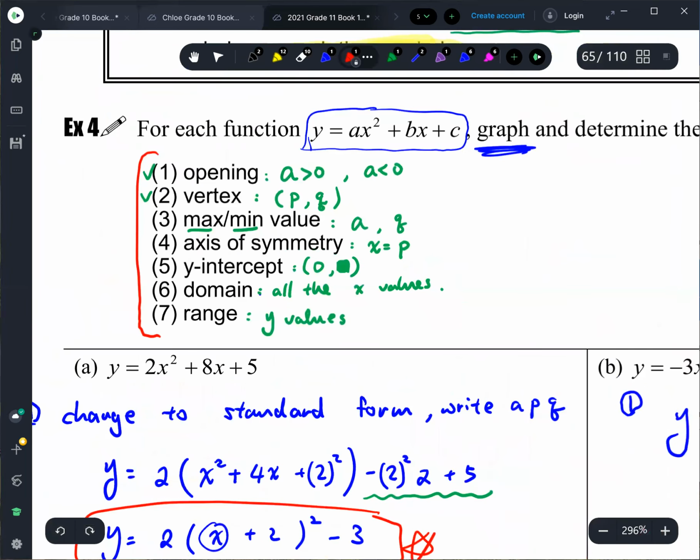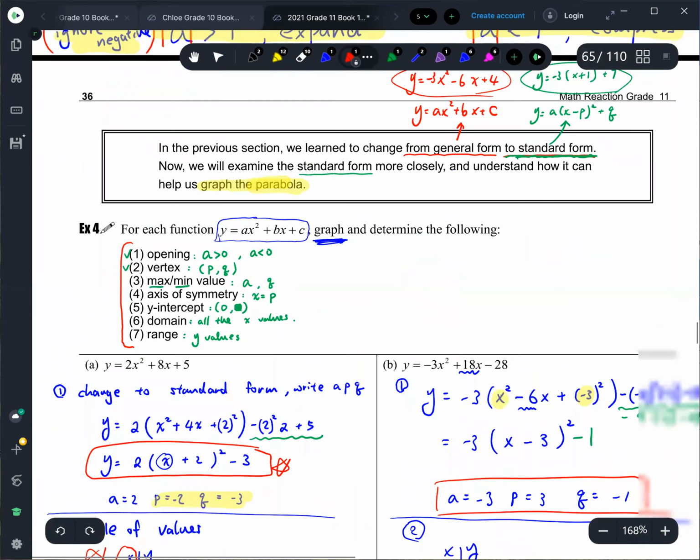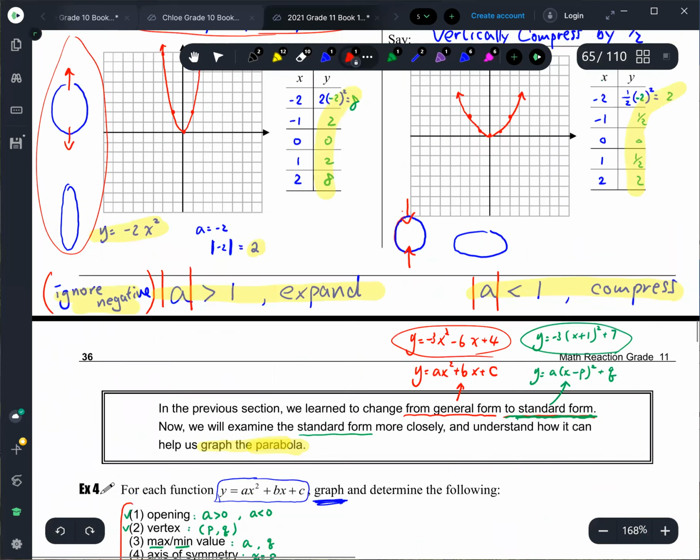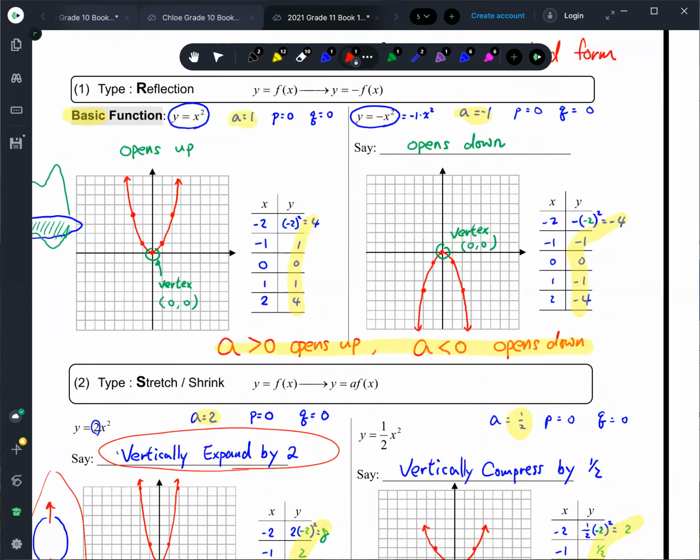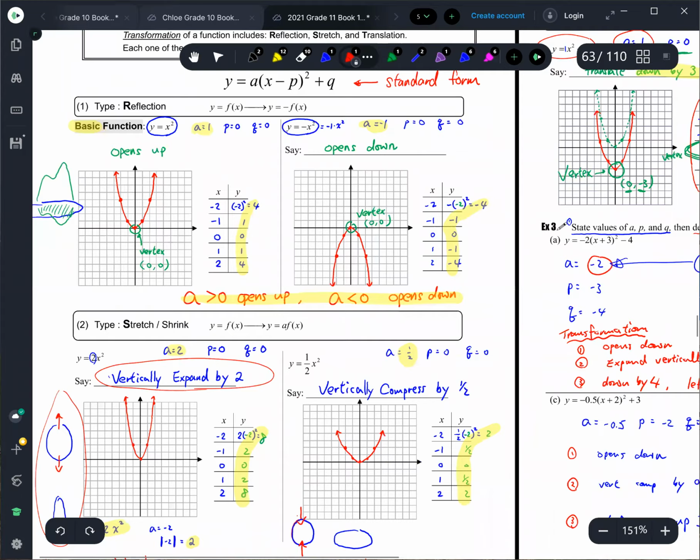Remember we had 3 rules, right? Do you remember this one, this page? Oh, okay. Can you say it out? What's the rule? A greater than 0, open up. A less than 0, open down. Okay, so keep that in mind.